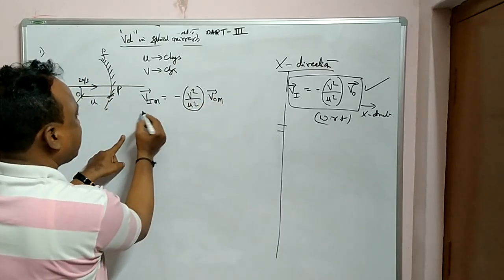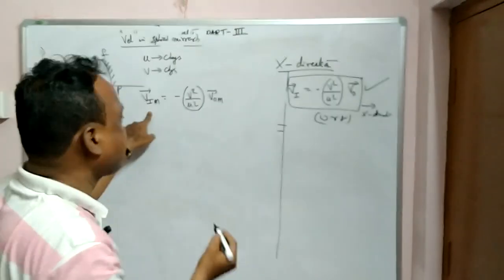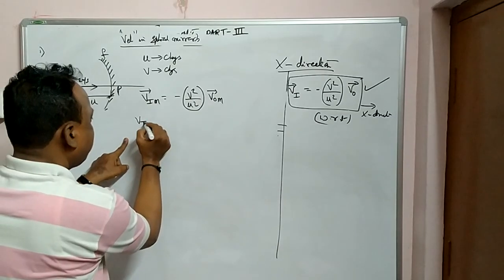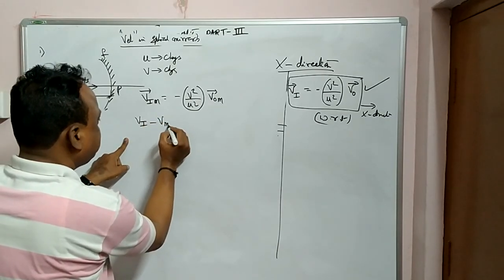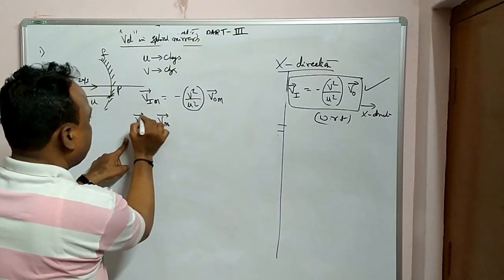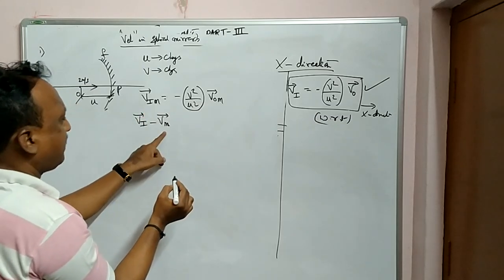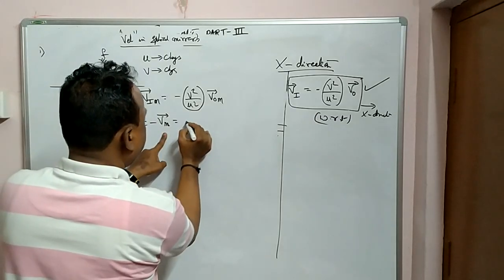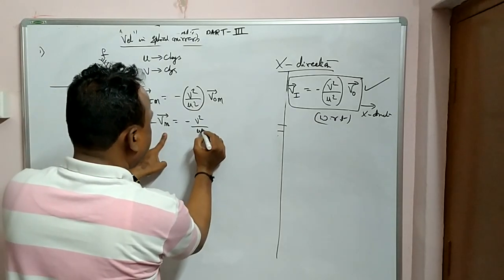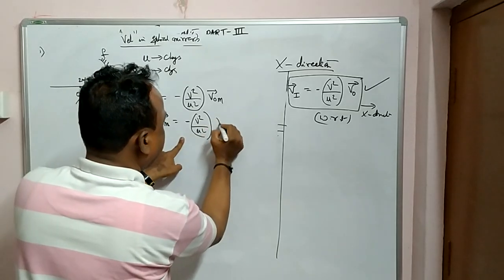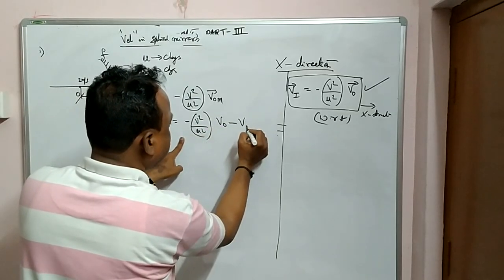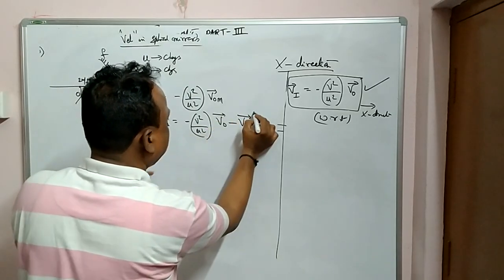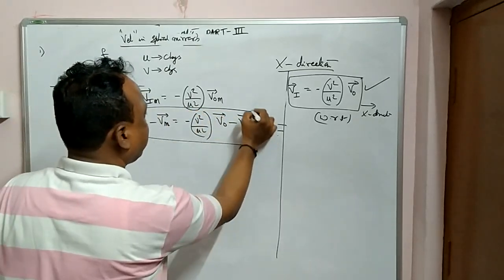So ఎలా రాయించేది, from kinematics equation relative velocity, v_i minus v_m. Velocity of image minus velocity of the mirror is equal to minus v square by u square, again, v_o minus v_m vector. Now, observe carefully.